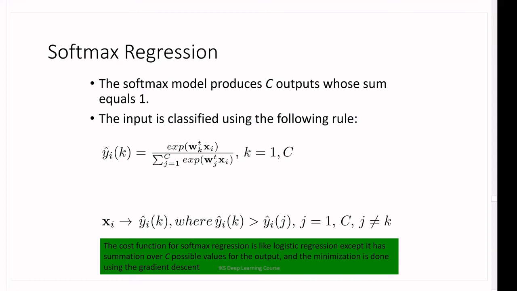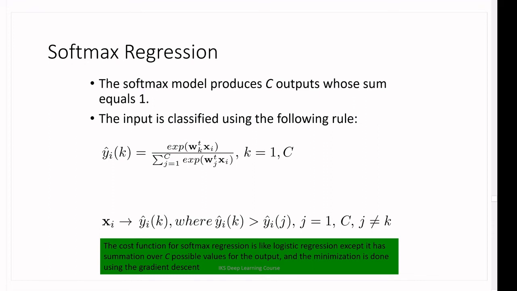If you look at the right hand side of the expression for y hat, that expression is essentially a normalization expression. And because of the normalization, the y hat values for different i's and different k's will always be between 0 and 1.